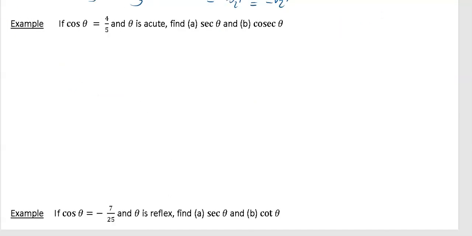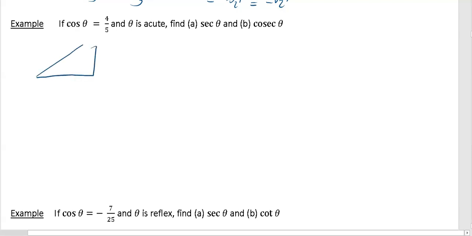The next example says, if cos theta is equal to 4 over 5 and theta is acute, find sec theta and cosec theta. So it's a bit of a strange example. What you want to do here is draw a wee right angle triangle and mark in your theta, where cos theta is equal to 4 over 5.